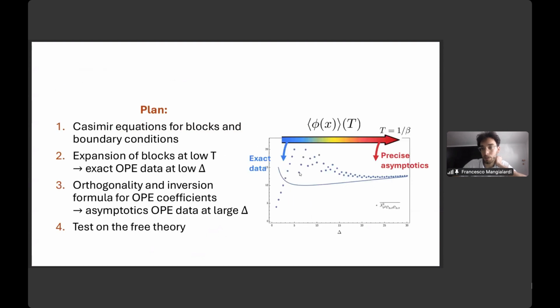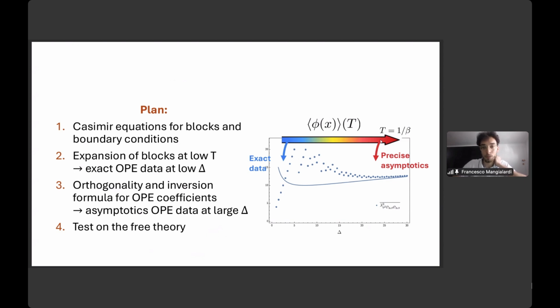In order to arrive at this type of picture, this is the plan which I will follow for the rest of the talk. I will start by discussing the Casimir equation that the blocks satisfy and their boundary condition. Then I will move to consider expansion for blocks at low temperature and how we can use those to extract information about low-lying OPE data.